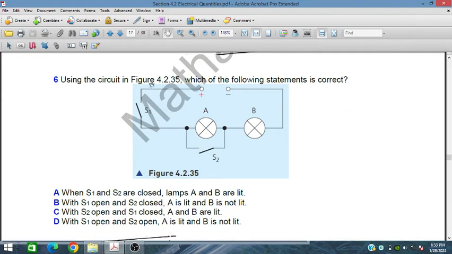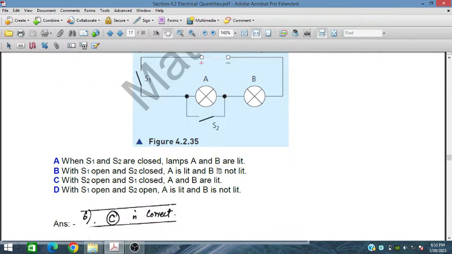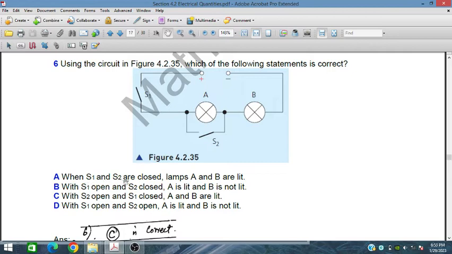Using the circuit in figure 4.235, which of the following statements is correct? When S1 and S2 are closed, lamps A and B are lit. When we close them, this becomes a short circuit and this will not glow. Only B will glow. When S1 is open and S2 is closed, nothing will glow because the circuit will not be complete; it terminates here.